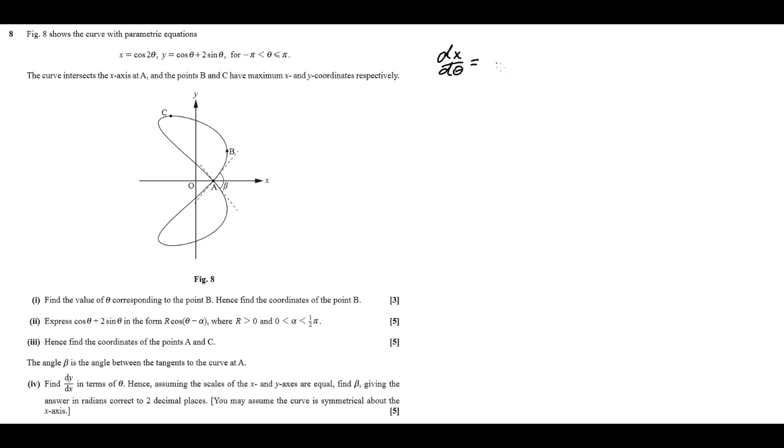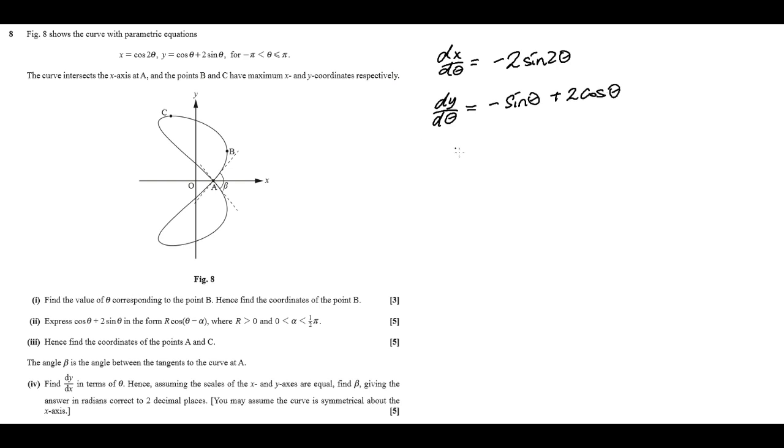So by chain rule, we know dx by d theta is minus 2 sine 2 theta. Dy by d theta, we know it's minus sine theta plus 2 cos theta.